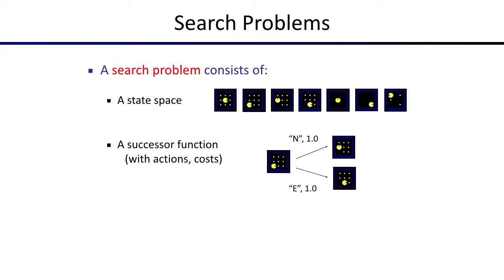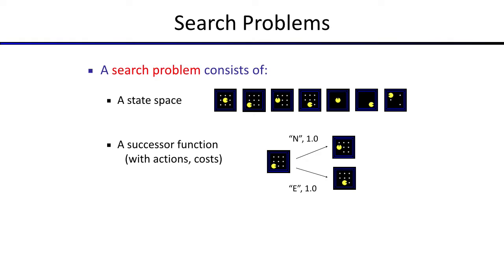And for the environments we're considering, we also need to have a notion of cost, and we're trying to minimize the cost. It's a typical graph search way of viewing the problem. For Pac-Man, every step you take, your score goes down by 1. And so every single action is going to have a cost of 1.0. We'll see examples in a minute of problems where the costs actually vary with different actions.